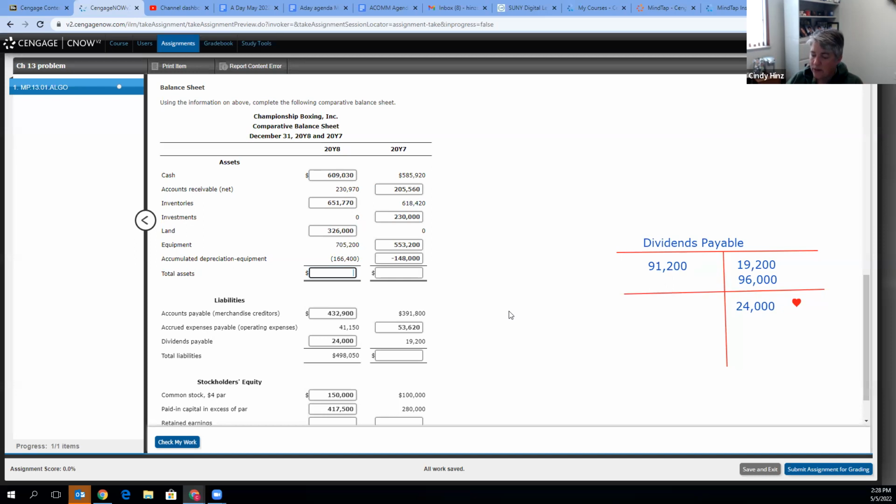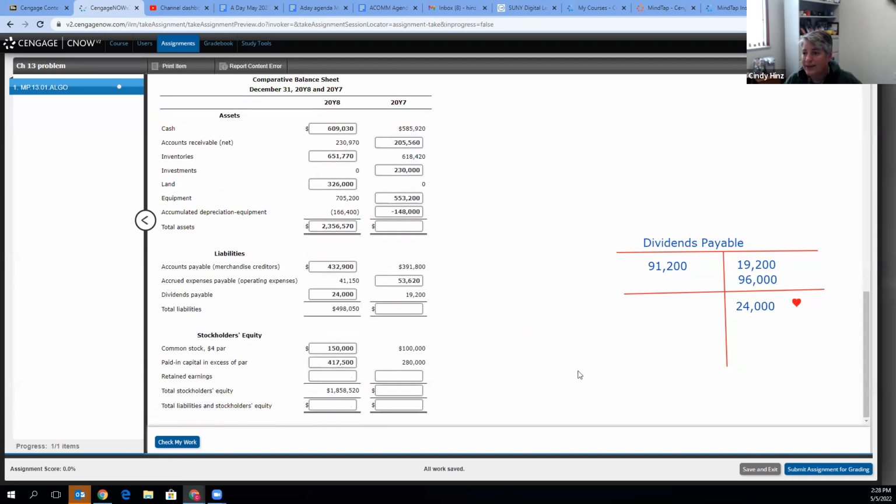And so if I added correctly, our total assets at the end of the year were 2,356,570. Checking my math here. So we know if that's the total assets, that also must be what other number on the balance sheet? It must be the total liabilities plus equity. Right?